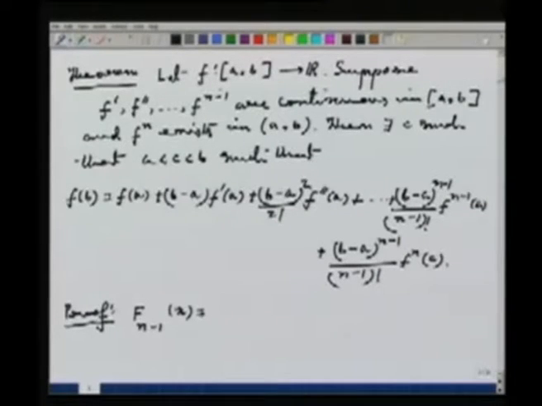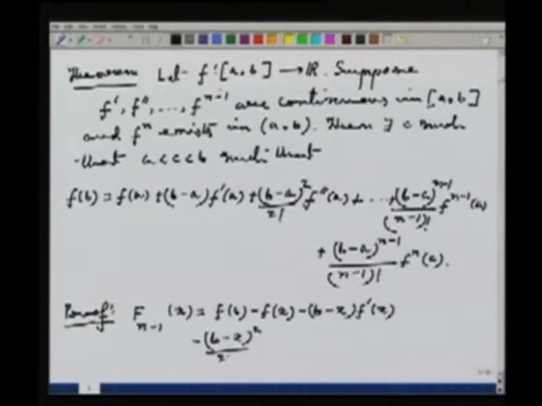That is, capital F_(n-1) of x is f(b) minus f(x) minus (b minus x) into f prime at x minus (b minus x) whole square divided by factorial 2 f double prime(x) and so on up to (b minus x) to the power n minus 1 by (n minus 1) factorial into f^(n-1)(x).